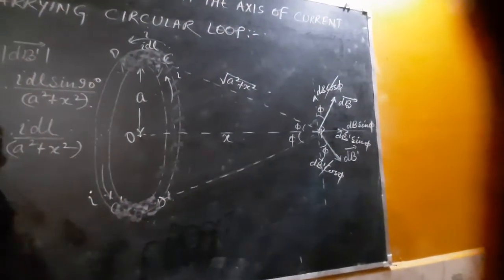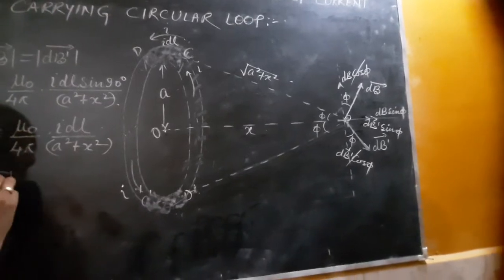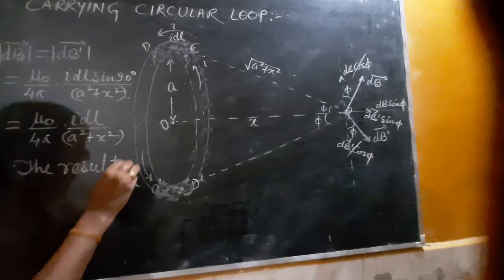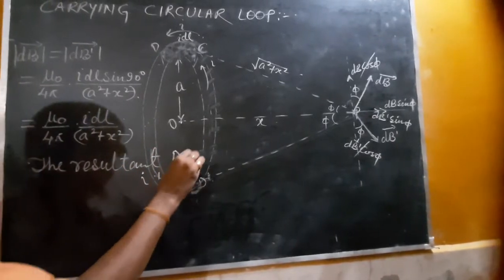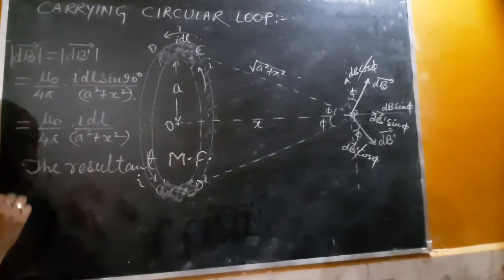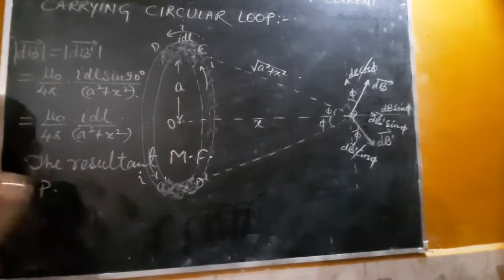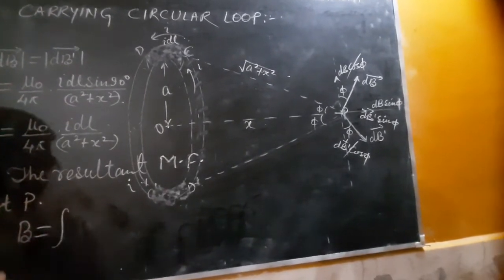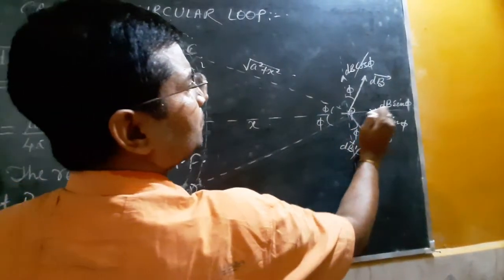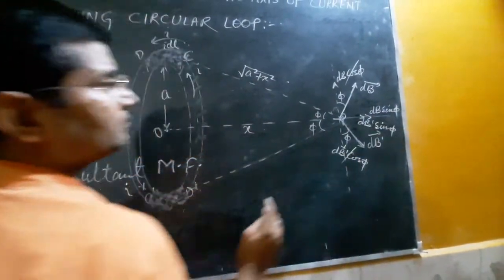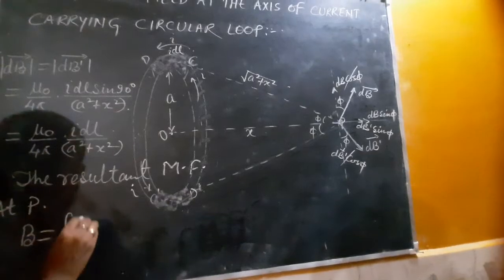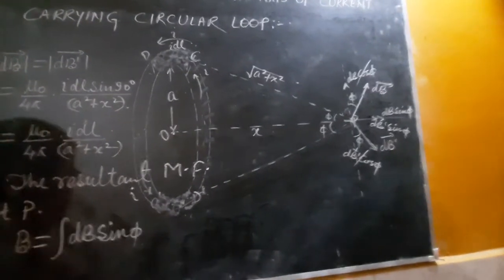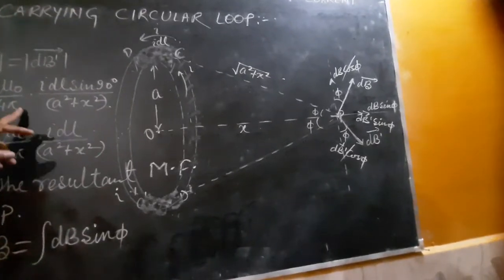Therefore, the resultant magnetic field at P can be obtained by continuous summation of all the components having sin phi, means dB sin phi. And what is the value of dB? dB is equal to this much.